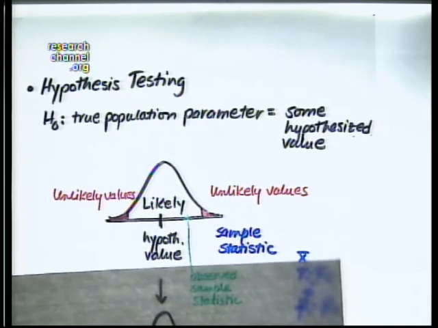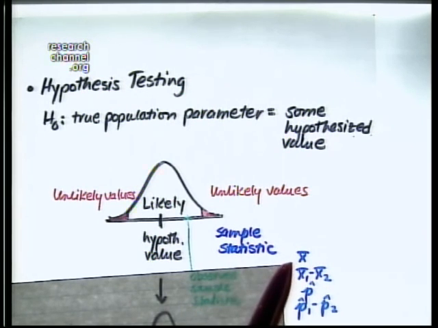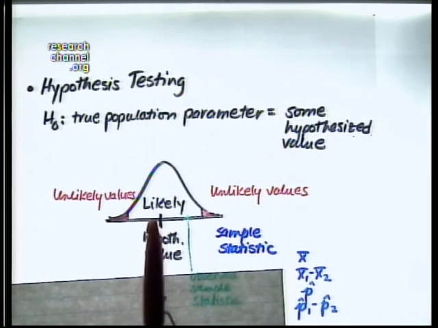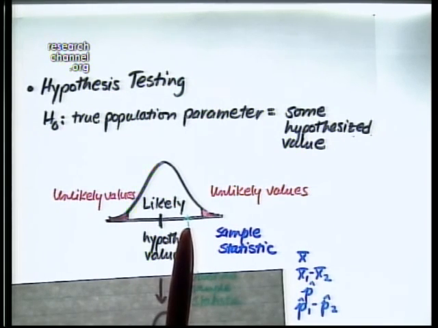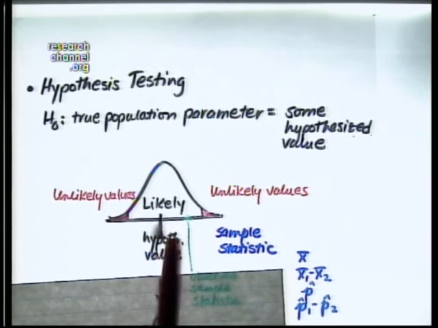It means that we can talk about making a hypothesis about the true population mean and construct a distribution that reflects all the possible values that the sample statistic x bar may take. So if the hypothesized value is in the center of this distribution, then the values of the sample mean that are likely, or the ones with high probability, are those that are close to the hypothesized value, right?